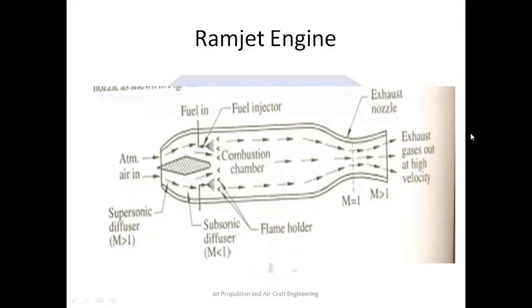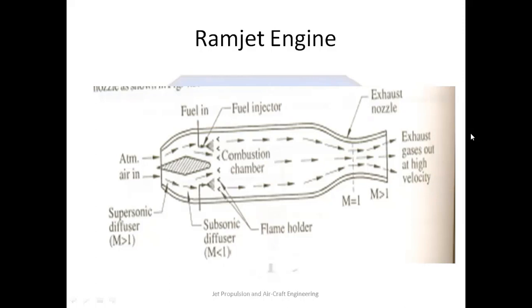Now let's see how it works. First of all, consider the atmospheric air which comes from the atmosphere and enters the engine. Air enters the diffuser at a very high velocity and gets compressed, so the velocity is converted into pressure. Air is compressed in two stages by the diffuser.